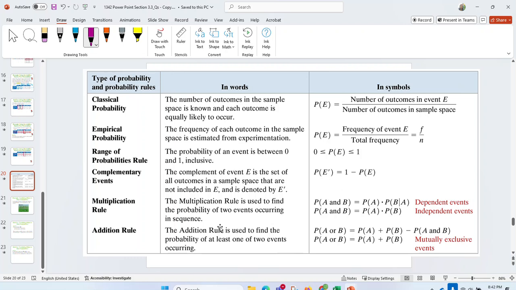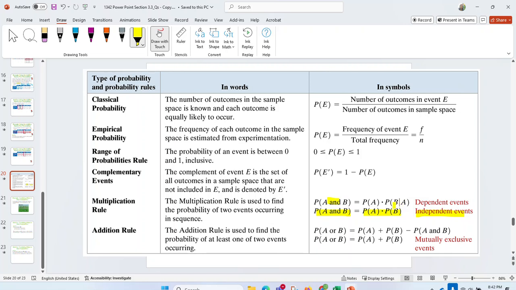If you have two events occurring one right after another, this would be the multiplication rule, using A and B, which means they happen consecutively. If they are independent, you just multiply the two probabilities together. If dependent, you multiply P of A and also P of B, but this P of B is given that A has already happened.